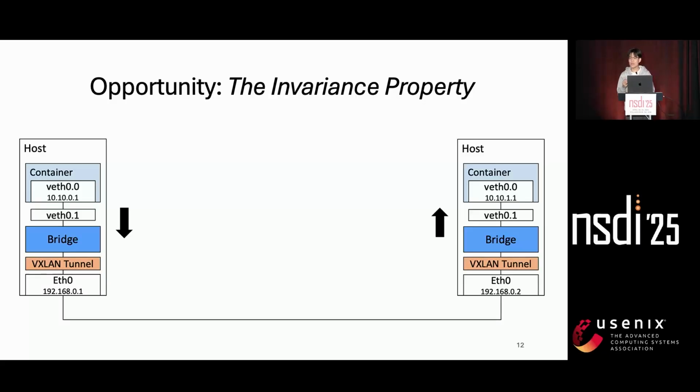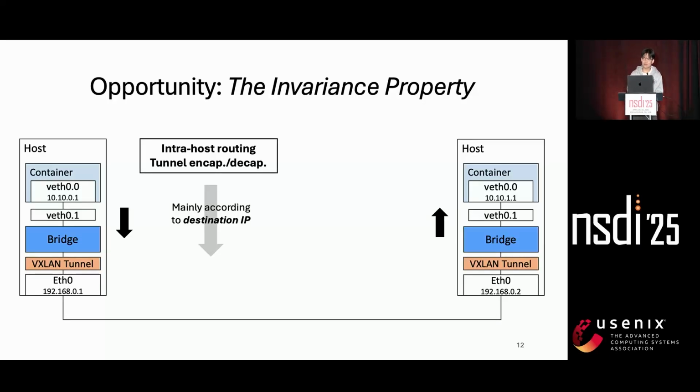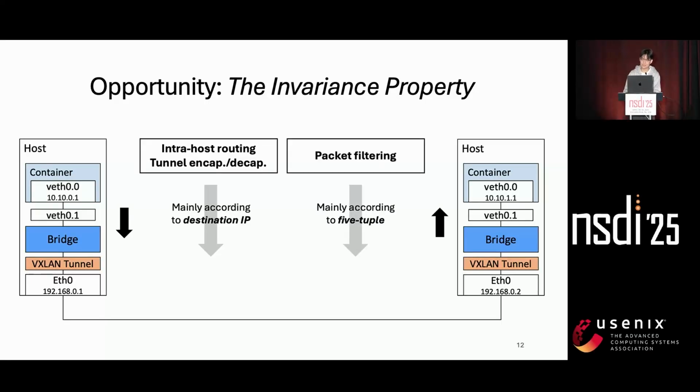An interesting observation is that for intra-host routing and tunnel encapsulation and decapsulation, the processing depends mainly on the destination IP. Thus, packets with the same destination IP get almost the same processing results. Similarly, packet filtering decisions are made based on the FIB tuple of a flow, meaning that packets belonging to the same flow will have the same filtering results.